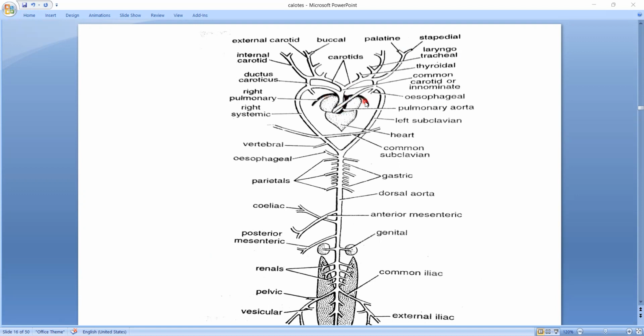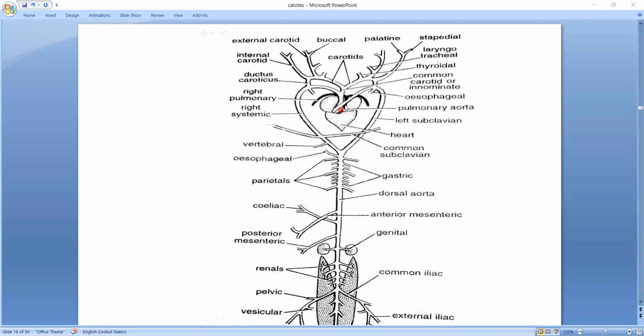Each supplies blood to the respective lungs, left and right. So this is the right pulmonary artery, and this is the left pulmonary artery, and each gives blood to that side's lung.